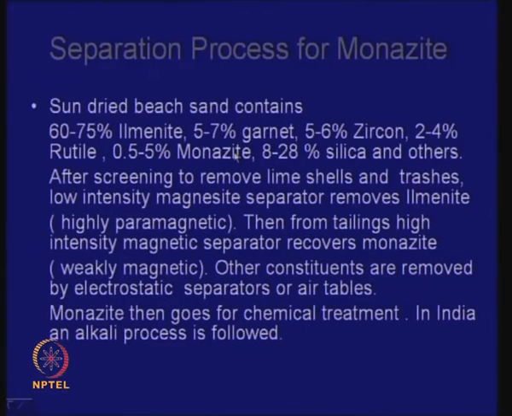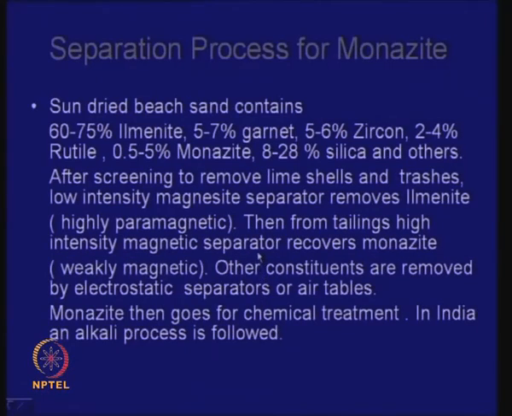After we have screened to remove lime shells and trash, a low intensity magnetic separator will remove ilmenite, which is highly paramagnetic, and then from the tailings a high intensity magnetic separator removes monazite, which is weakly paramagnetic. Then the other constituents are removed by electrostatic separators, air tables and other things.